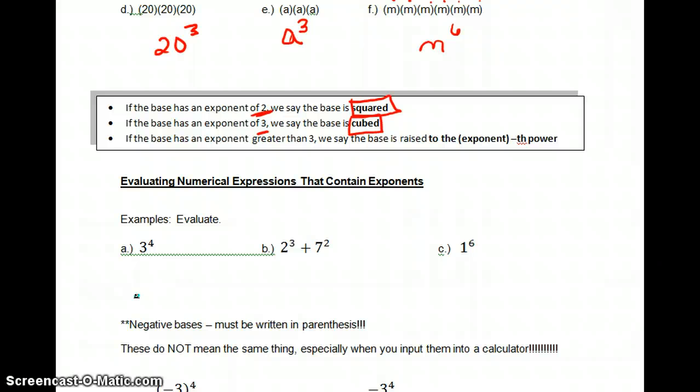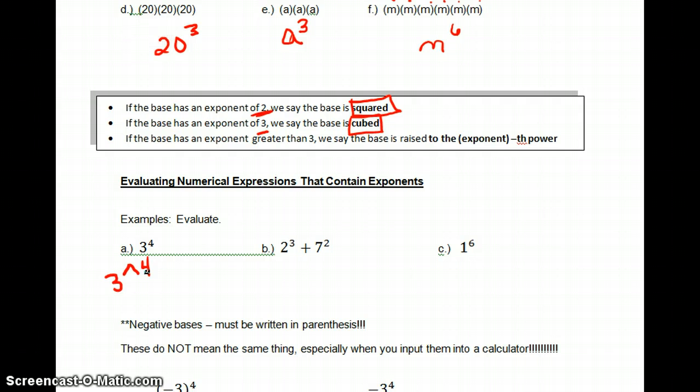Depending on what type of calculator you have, you do need to know how to do an exponent on your calculator. If you are using a TI 83, you will simply do 3 caret 4 and press enter.